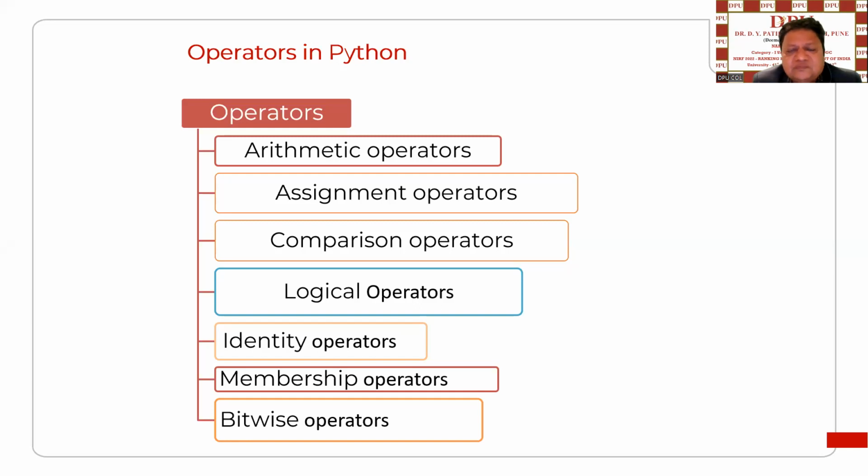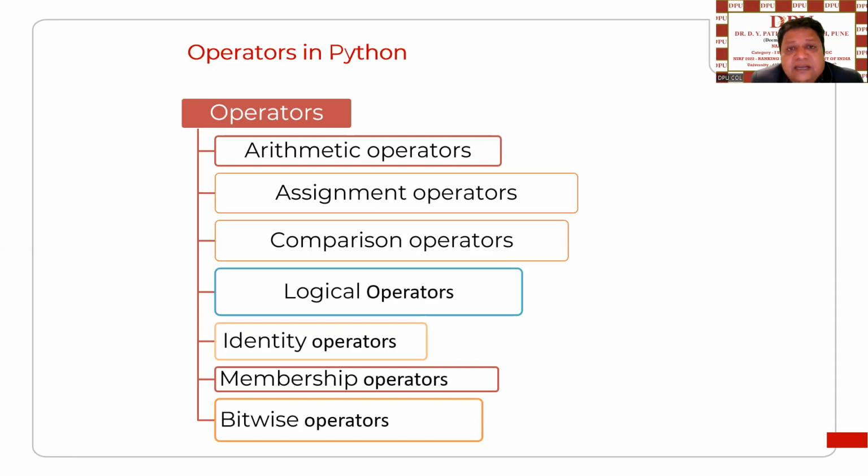Say for example, if age is greater than 18 and gender is equal to male, then allow that person into the cinema hall. Else, do not allow that person into the cinema hall. So to combine multiple conditions, we can use the logical operators. You will see that with the example.